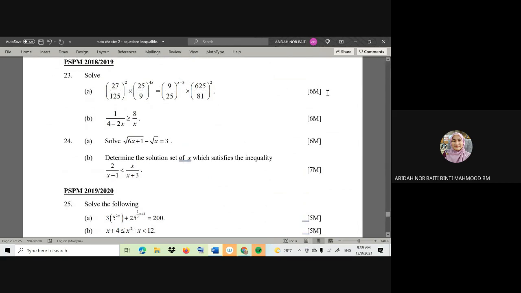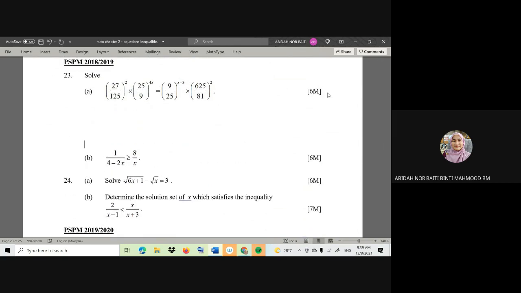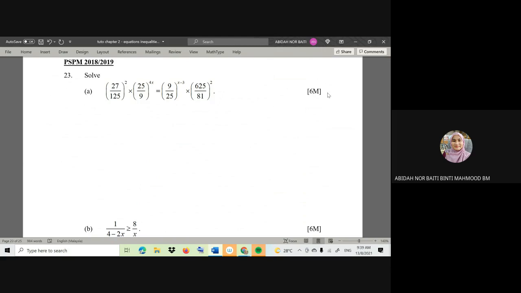23A, can you do number 23A? 23A, we change everything to the simplest base. 27 is 3 cube, 125 is 5 cube. 25 is 5 square. 9 is 3 square. Okay, simplify.